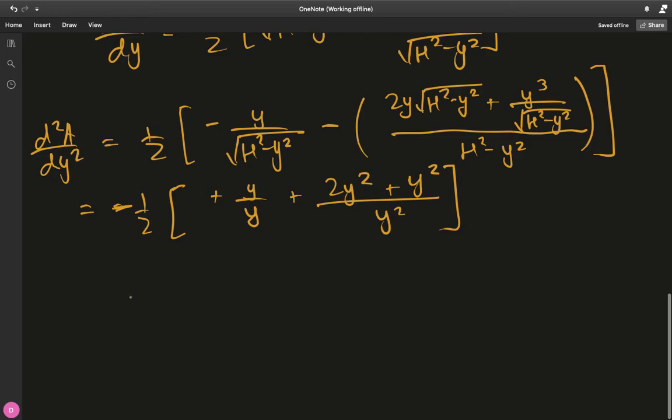So stuff cancels out. Negative half, this is 1, and this is 3, I think. Yeah, 2 plus 1, 3, which is 4, is negative 2, which is less than 0.